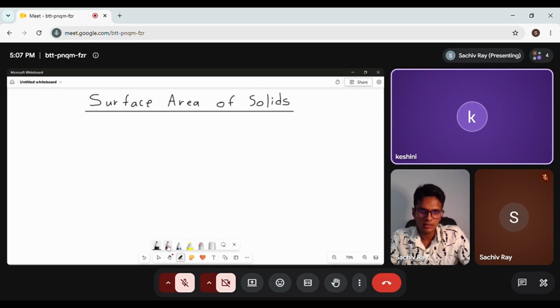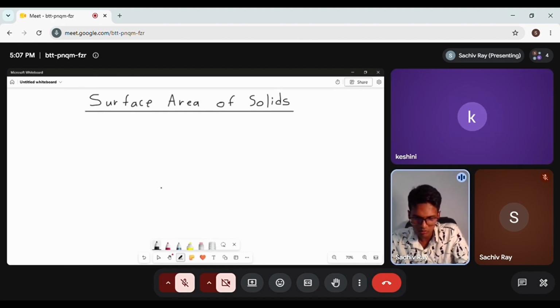Okay. Right. So in this chapter, we have the area of a pyramid and cone. What else do we have? And a sphere, right? So there are only three shapes, right? Let's see.